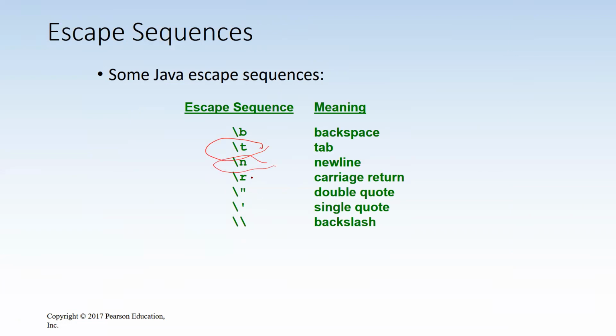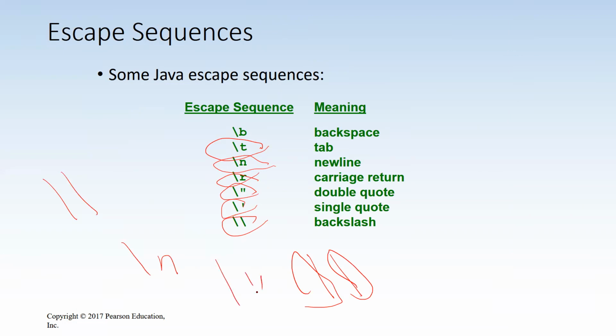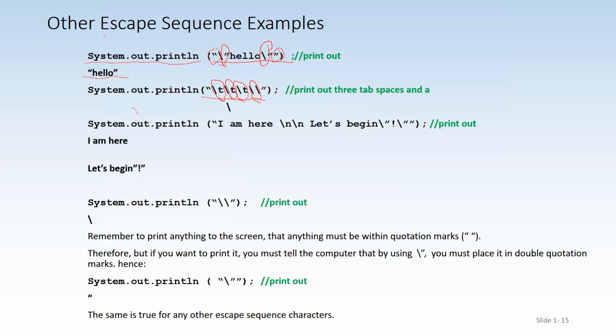A new line, 2 characters. Return, 2 characters. Double quotes, single quotes, a backslash. Just remember the 2 characters. Don't even think, oh, that's the escape sequence character there, and that is the character you want to print out.